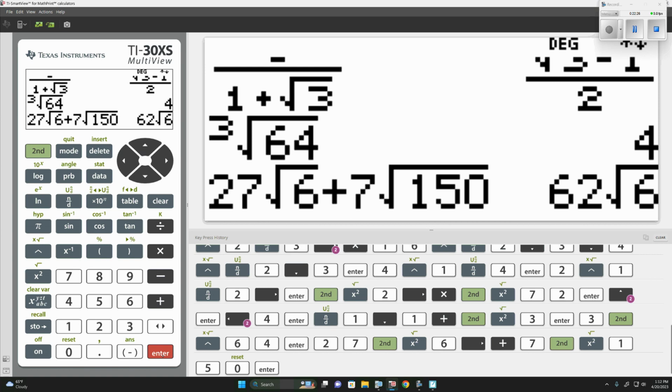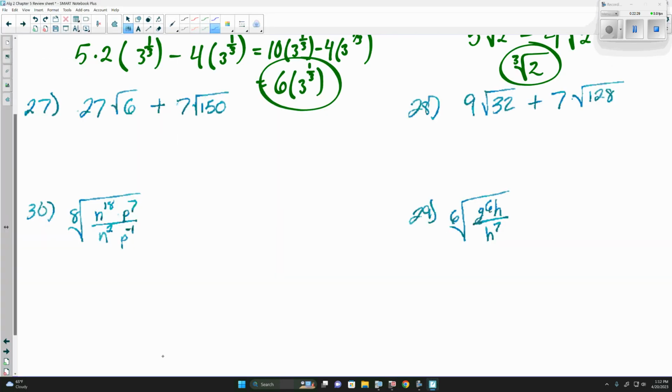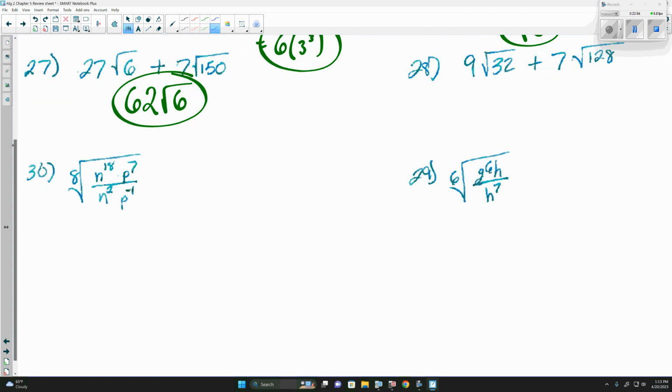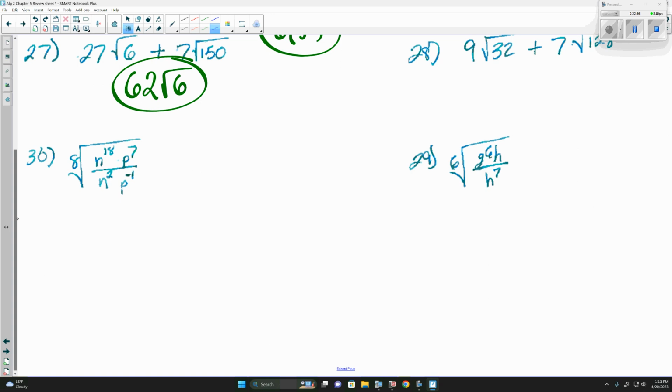It works very well with square roots. Was it square root of 6? Because if it had been an other index besides 2, besides our square root, we would have had to work it out. But since it's square root, it works out nicely. Same thing's true with 28. 30 is a different question.